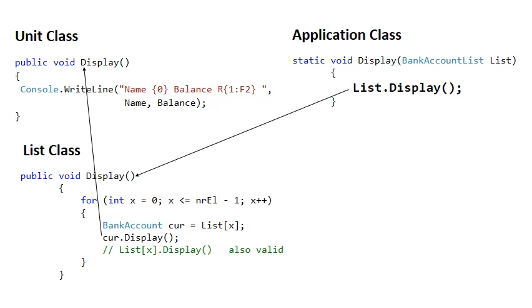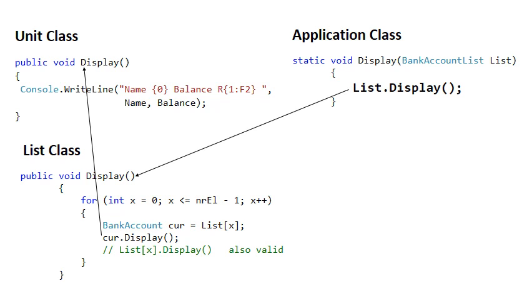A method that you will always have in a list class is the display method. Look at the bottom left. What does this display method do? It has a for loop that traverses the array from 0 to number of elements minus 1. It fetches the specific object at position X, which we have currently pointed to, and then you just say current.display.